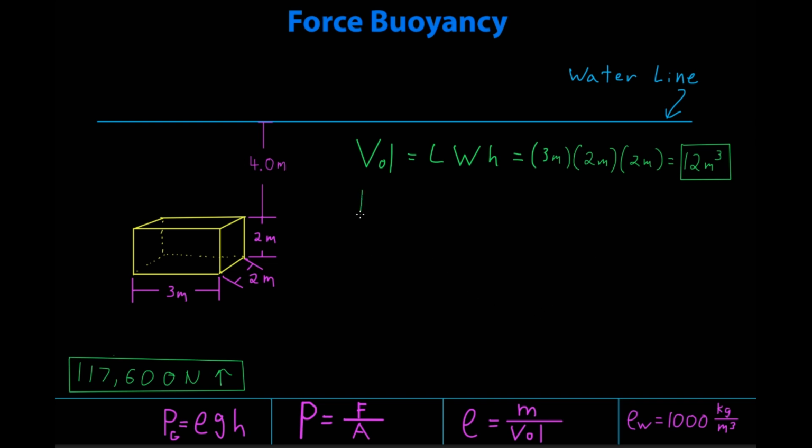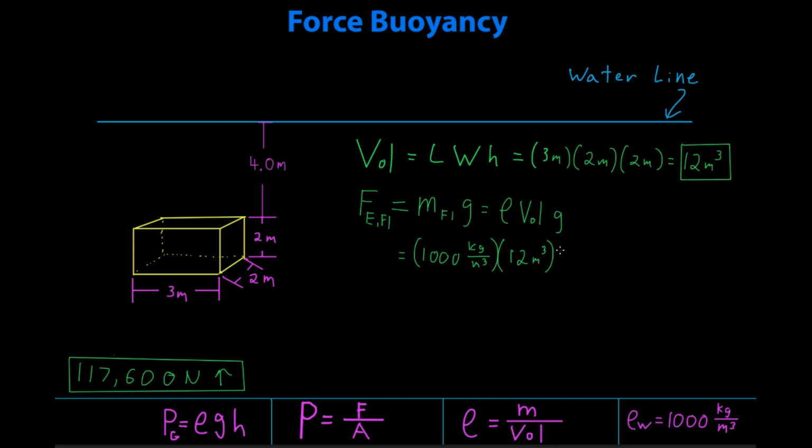Now I'm going to show you something pretty cool. We're going to take a look at the force Earth, or force gravitational, of the fluid that is displaced by this box. That will be mass of the fluid displaced times G. Look at my density formula again. That would be density of the fluid times volume times G. That would be 1,000 kilograms per meter cubed times 12 meters cubed.